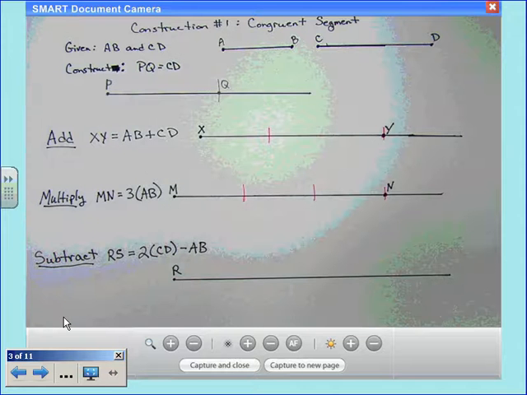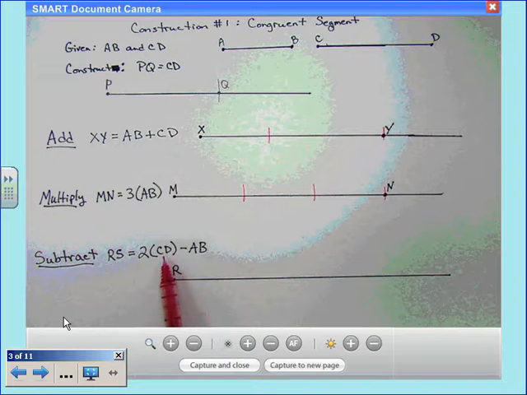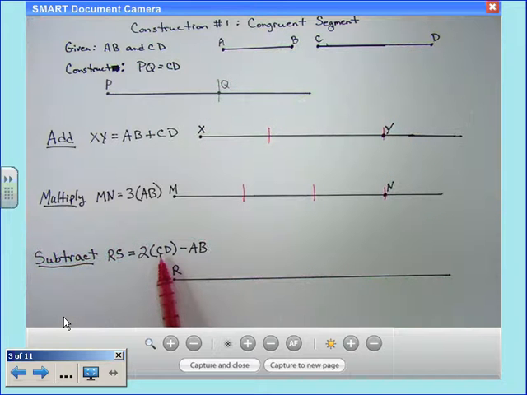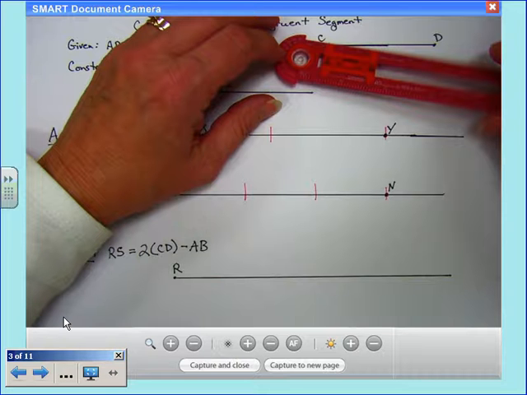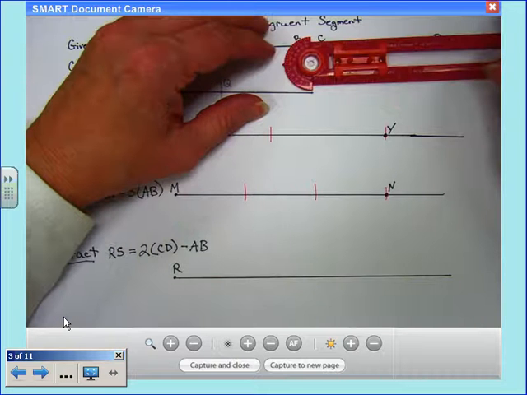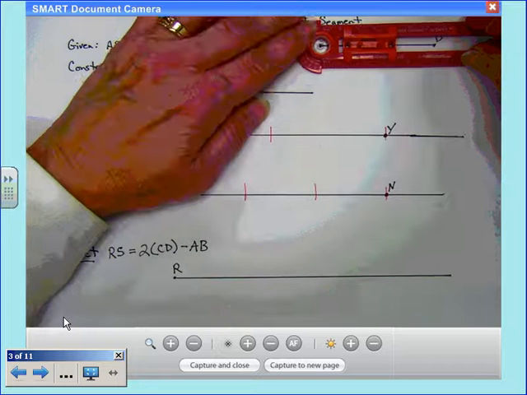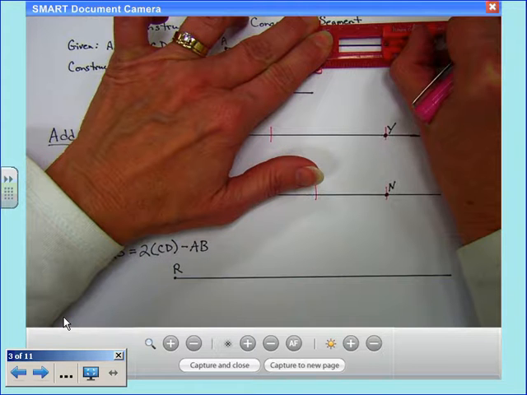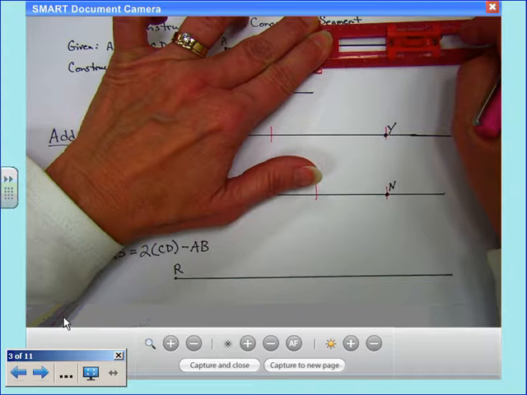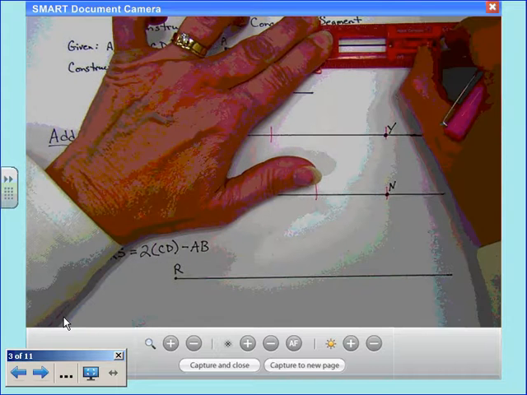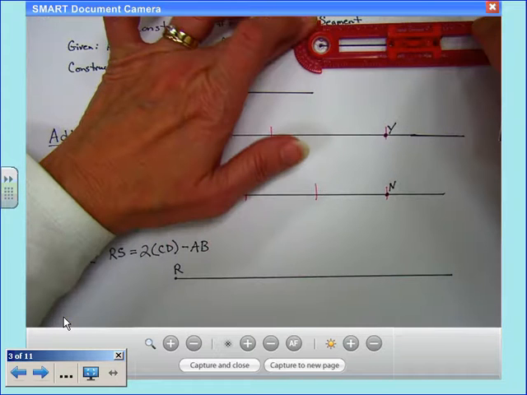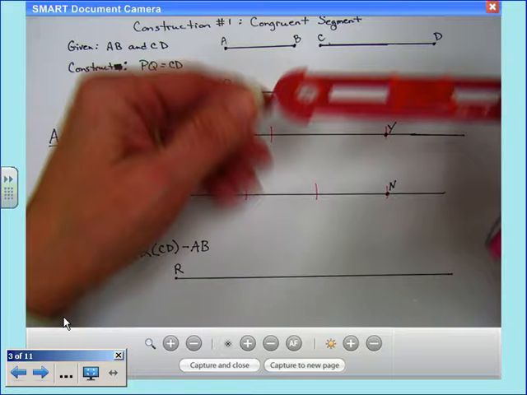And now, 2 CDs. So I'm going to measure segment CD and mark it off how many times? 2. So let's find the length of CD with our compass. Center at one endpoint, slide, and find the other endpoint. Okay. Now this is my distance CD.